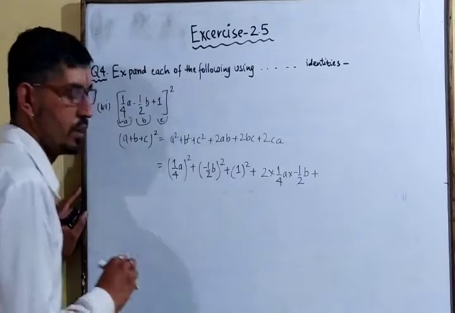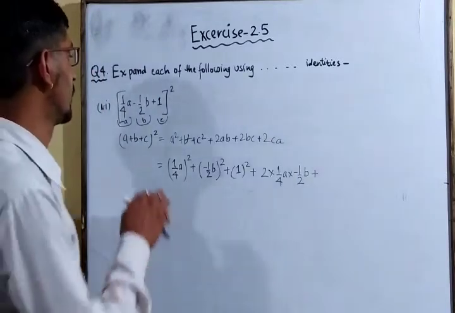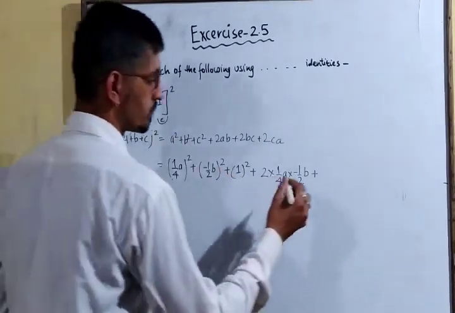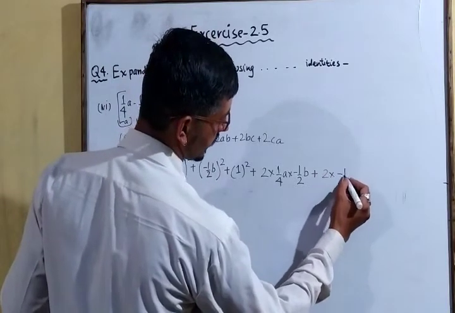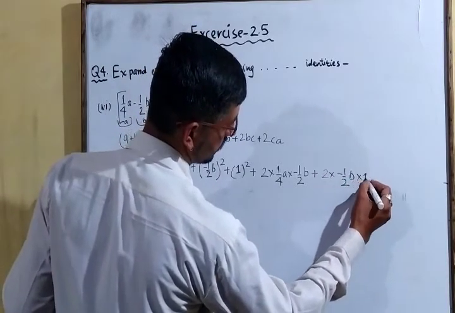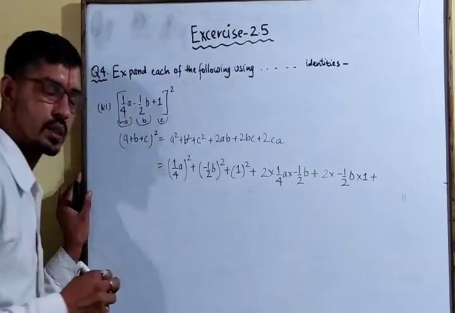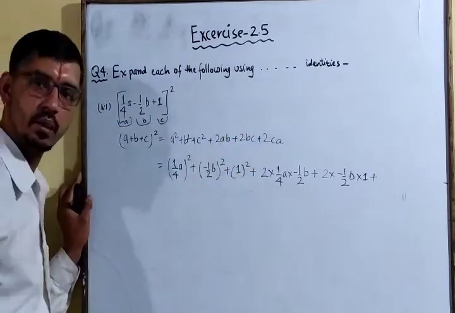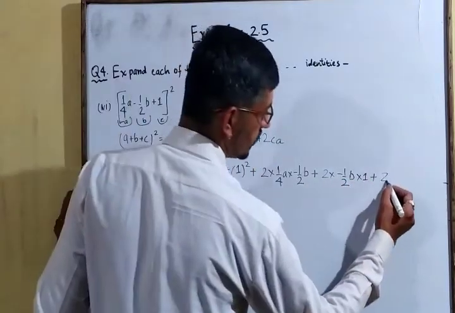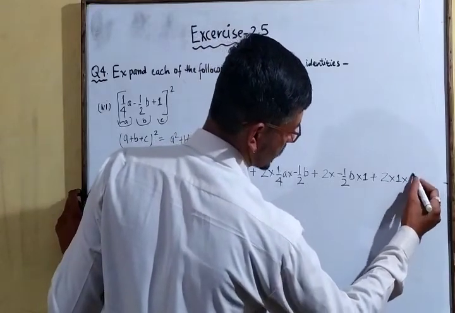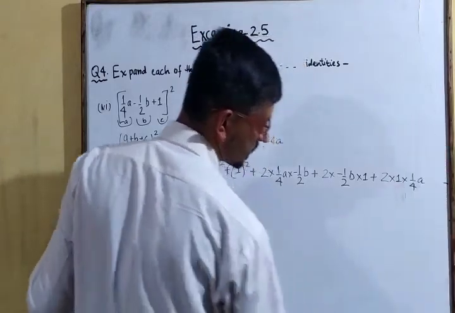Plus 2 into bc: 2 into negative half of b into 1. Plus at last 2 into c into a: 2 into c is 1, a is 1/4a.